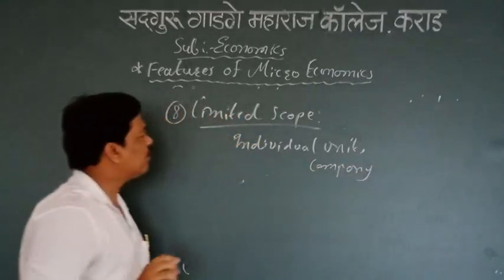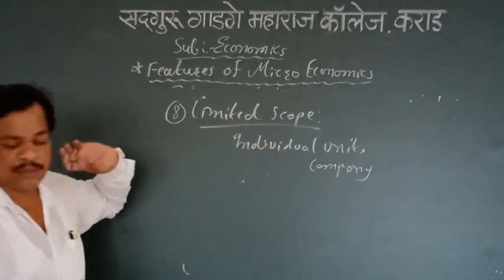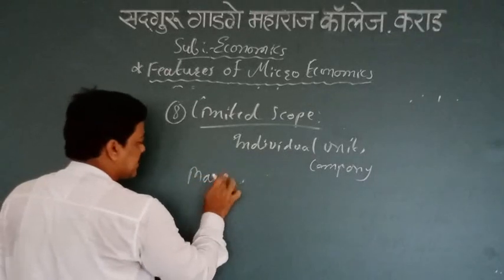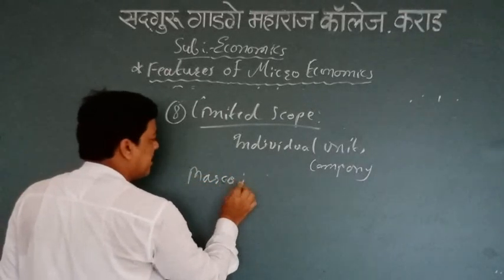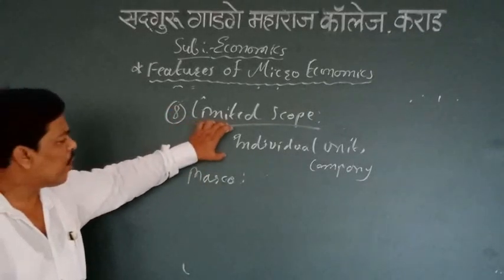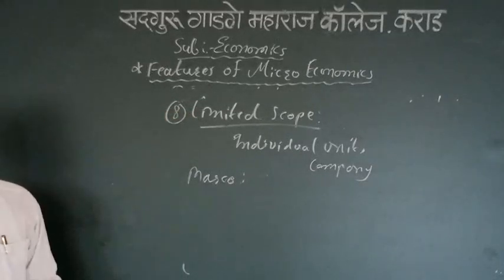So the interest of microeconomics is only in individual units, and it has some kind of limited scope. In macroeconomics, we study all the things. But in microeconomics, we discuss only small units, one company, one firm.